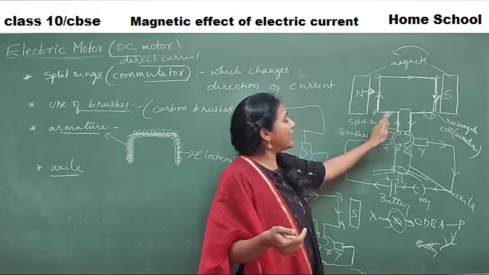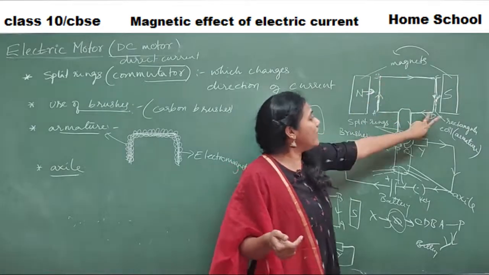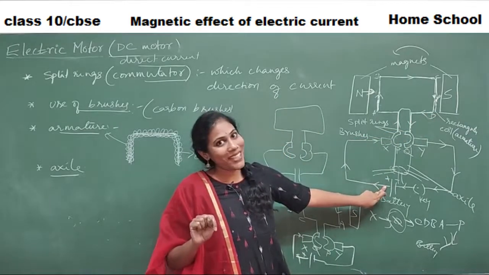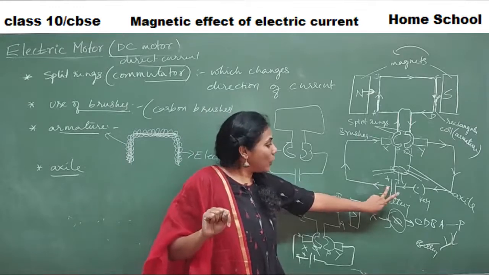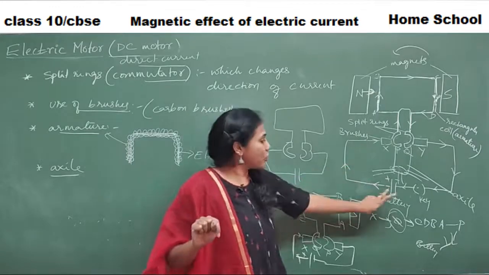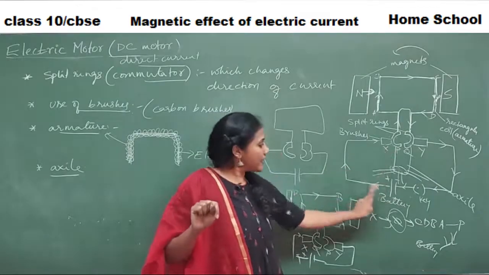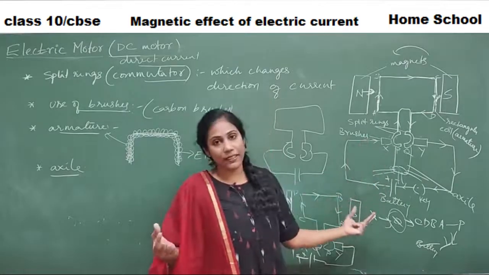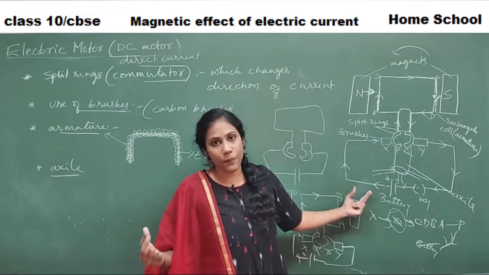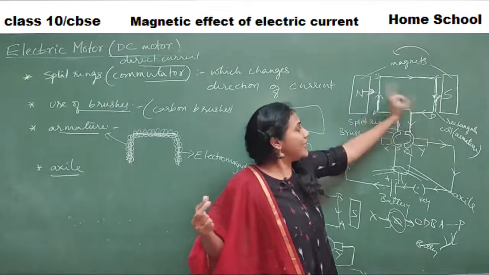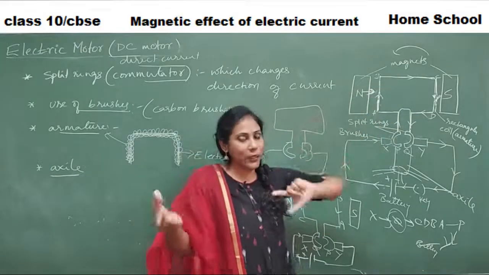Now at every half rotation, the direction of current in a coil will change, but the direction from a source will not change, right? In a circuit, current always moves in one direction only, that is from the positive end of a battery to the negative end. This is how the direction of current is seen in a circuit. In a coil, at every half rotation, the current direction changes. That's how it rotates.